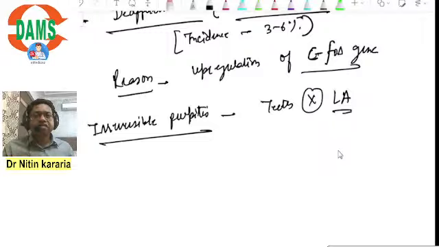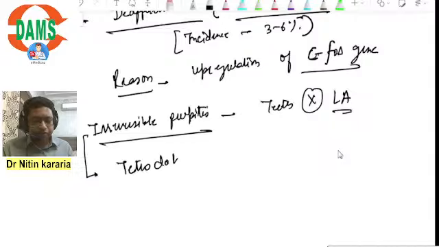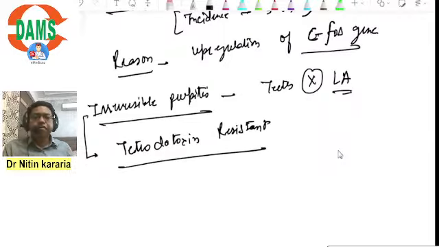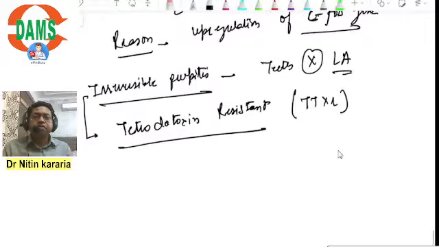What happens to these sensory nerve fibers? The sensory nerve fibers of teeth with symptomatic irreversible pulpitis become tetrodotoxin resistant, and they are represented as TTXR nerve fibers.